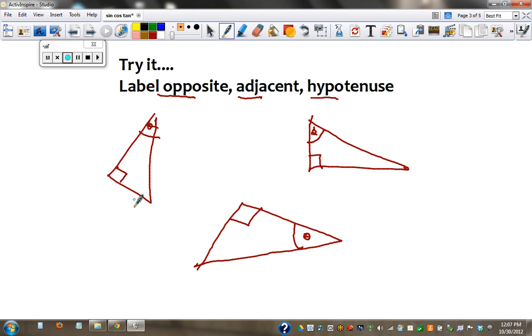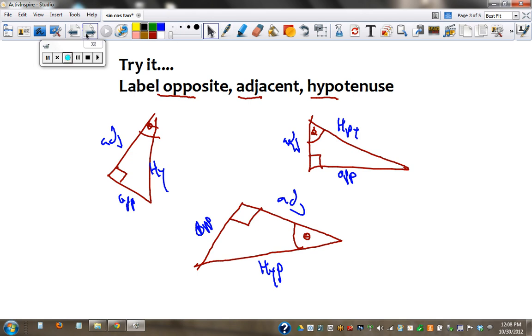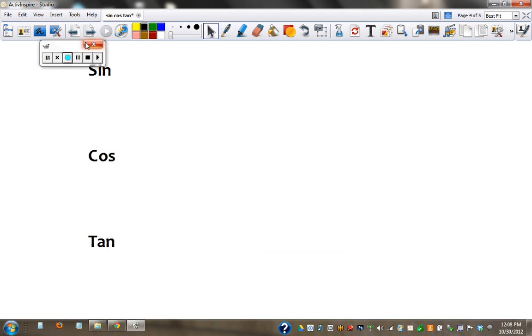We have theta, so this is opposite. Hypotenuse is the easy one. And then theta, here's the opposite. Theta, here's the opposite. That means this one's the adjacent. And this one's the adjacent.